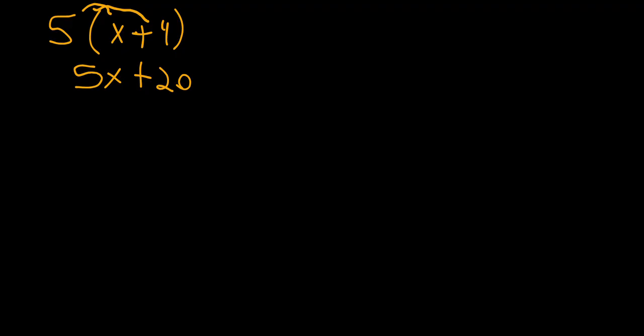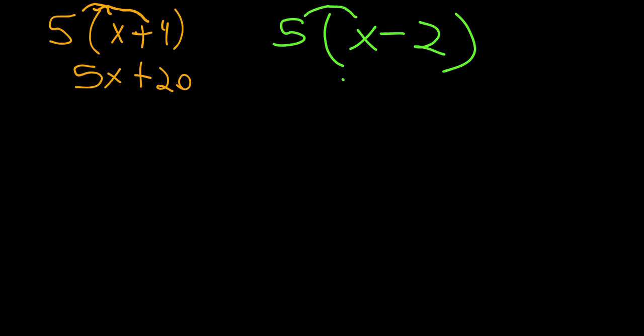Now, let's talk about when we are multiplying a negative symbol or subtraction. How does that work? We'll distribute the 5 to the x and get 5x again, just like last time. We'll distribute the 5 to negative 2, and we'll get negative 10.